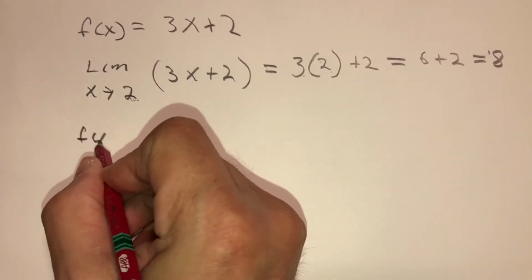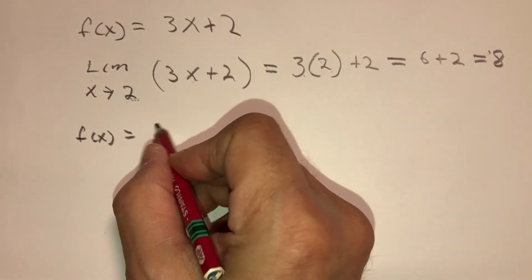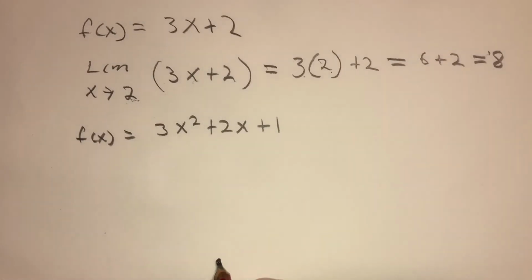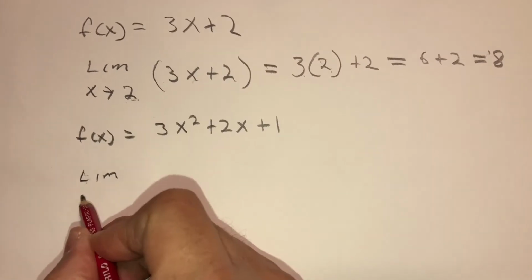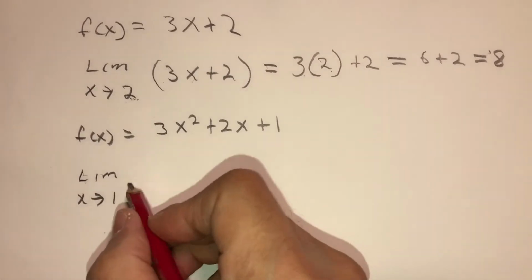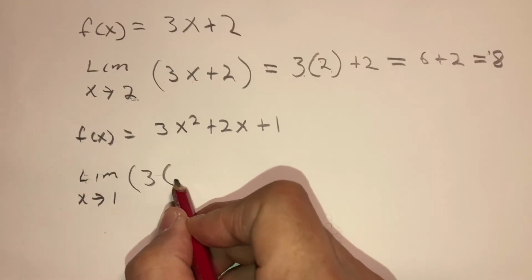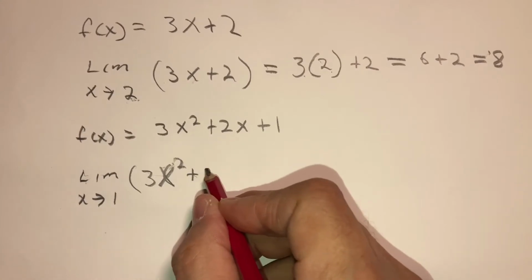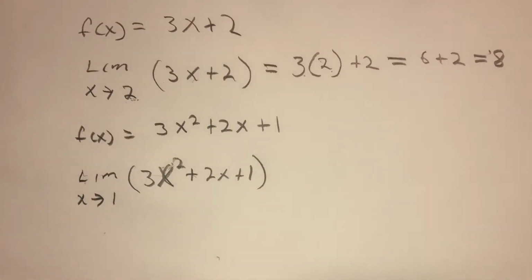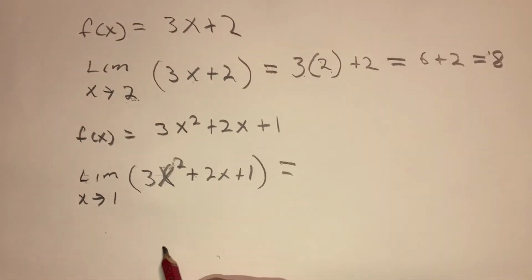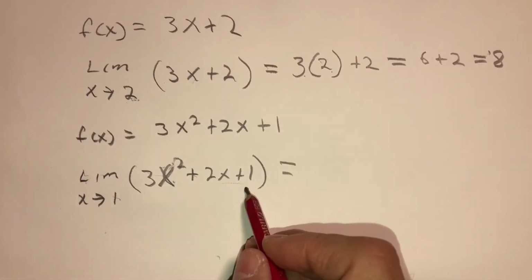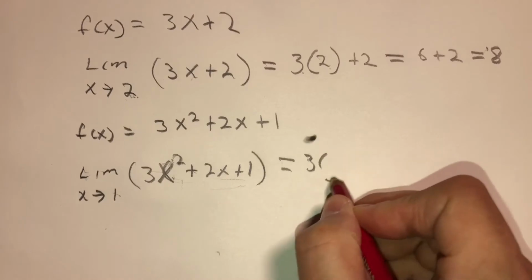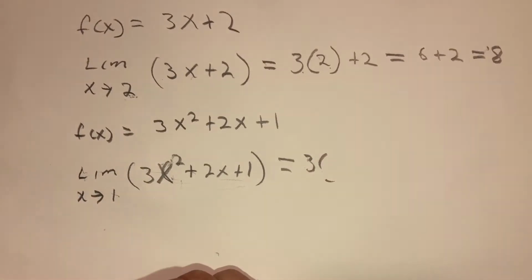So let's say we have this polynomial, and we want to do the limit as x approaches 1 of this thing. So we want to calculate that limit. Well, we can just plug this in. Nothing crazy is going to happen like division by 0 or square roots of negative numbers, so we just plug it in.